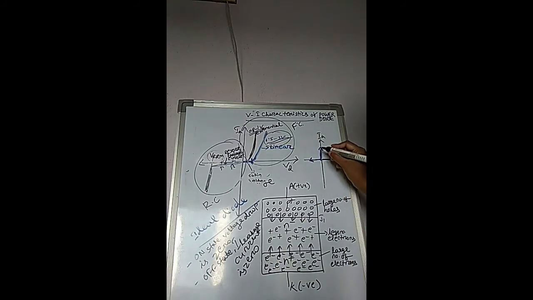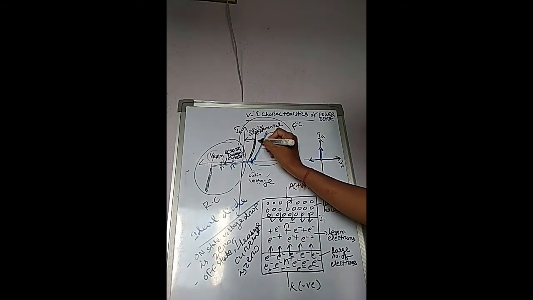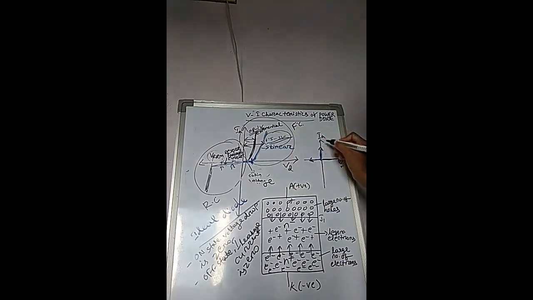See, the on state voltage drop is this part, but in the ideal diode case the on state voltage is 0.